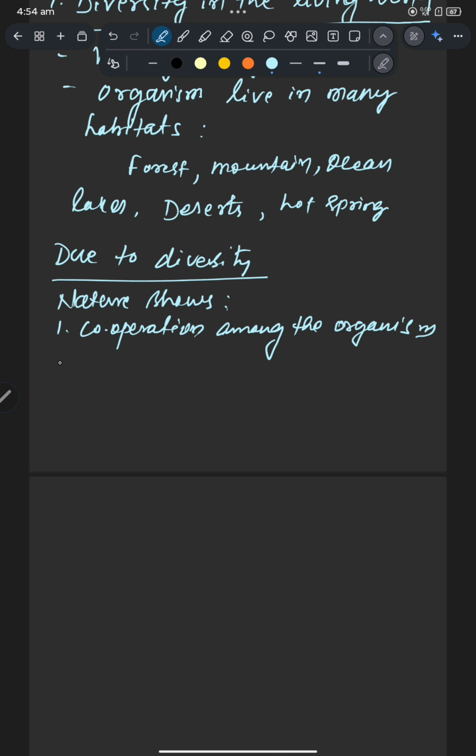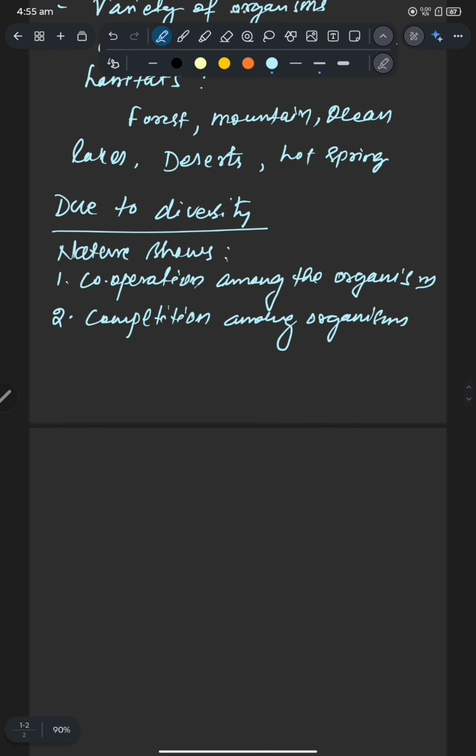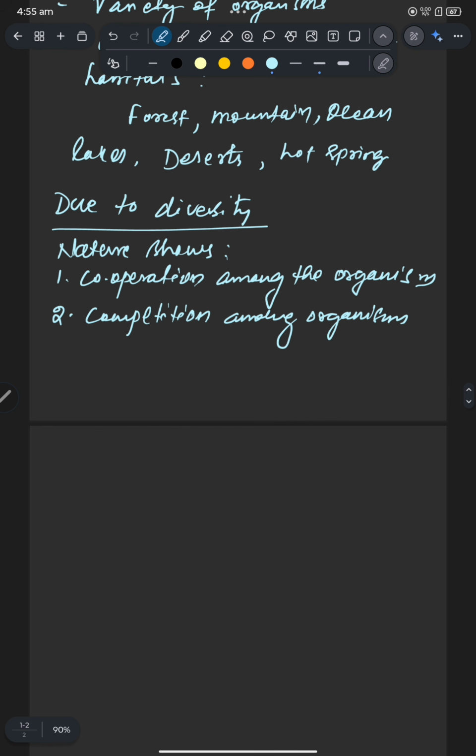Then the next thing nature shows is competition among organisms. Why such competitions? This competition may be for the resources present in the environment, or it may also be with the environment.